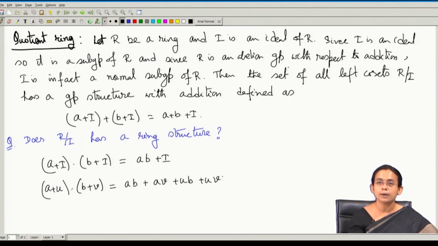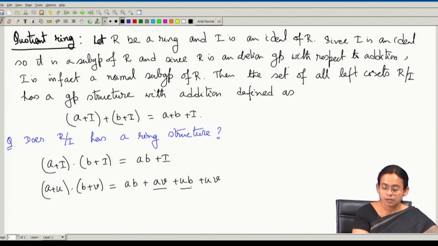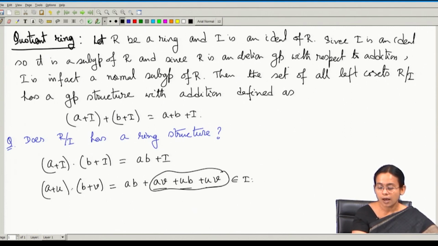Since I started with I being an ideal, this term av also belongs to I as v belongs to I. This term ub is also in I, because u is in I, and of course uv is in I. Therefore, these three terms belong to I.